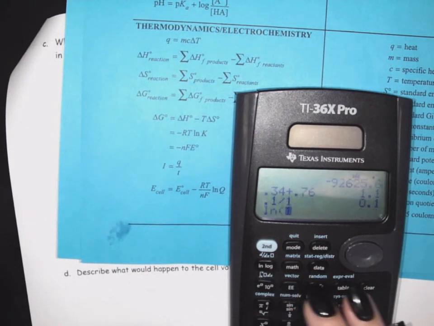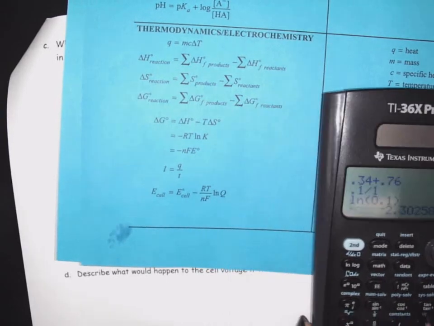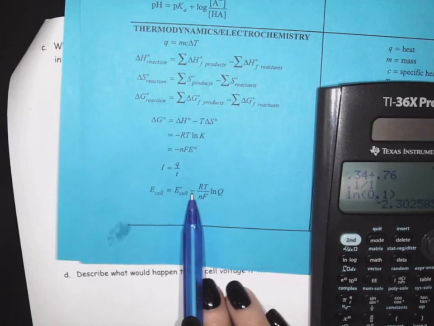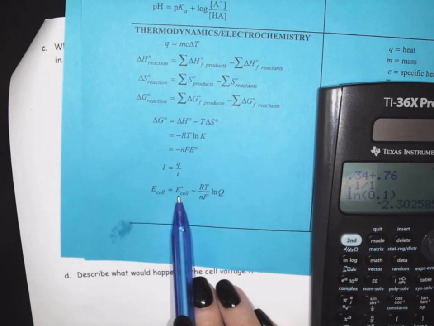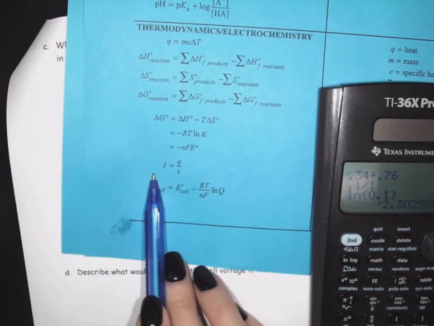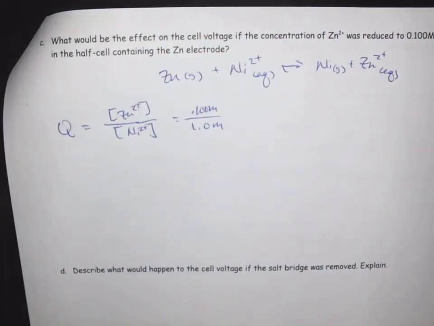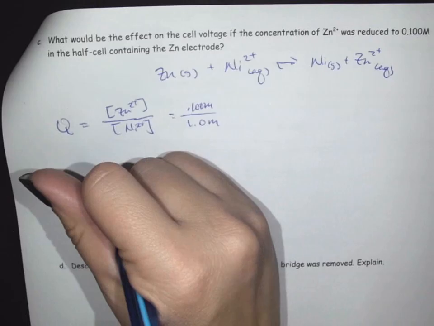Now, the natural log of 0.1 is a negative number, right? But if we minus a negative, that makes it positive. So E cell plus something would make this guy bigger. So the effect on the voltage if the concentration of zinc was reduced in the half cell? The voltage would increase.